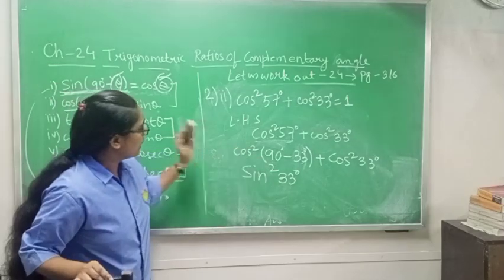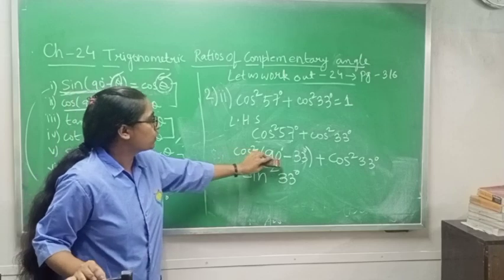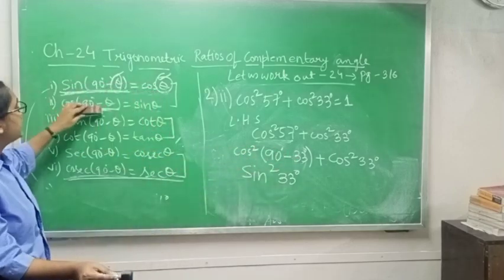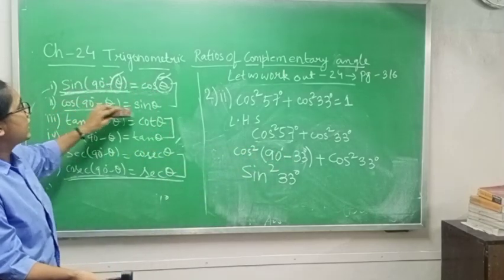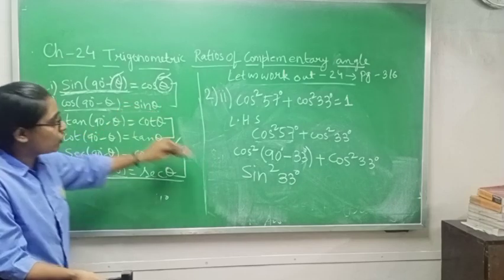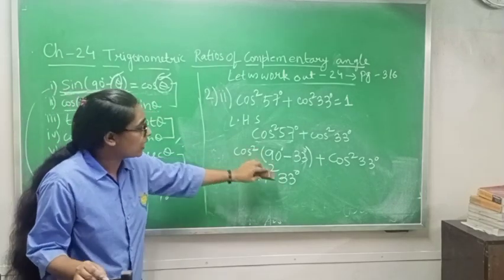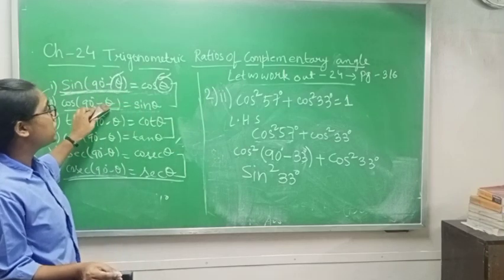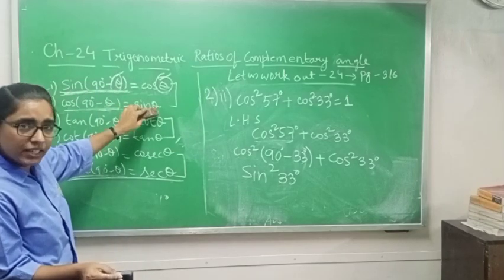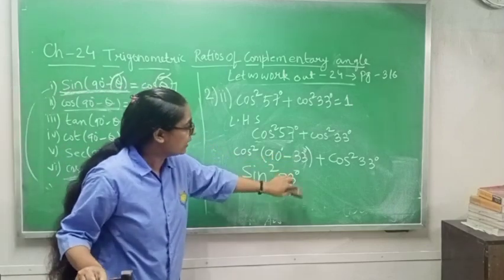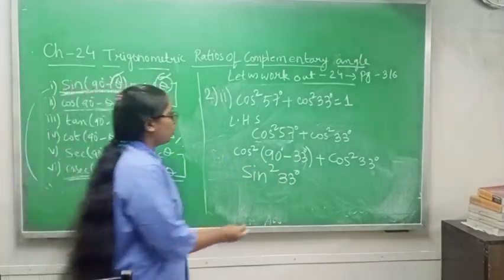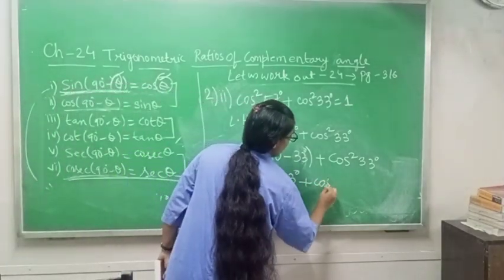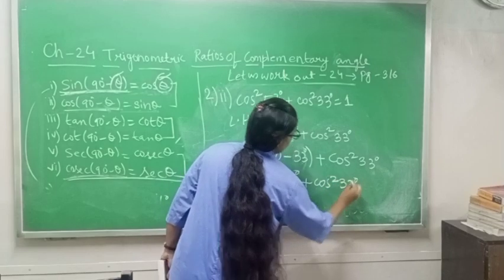So when I check from my formula, cos 90 minus theta, in this place I can write sin theta. Since square is given, I am giving square, and theta is here 33 degree. So here also I will write 33 degree. Okay. Now plus cos square 33 degree.